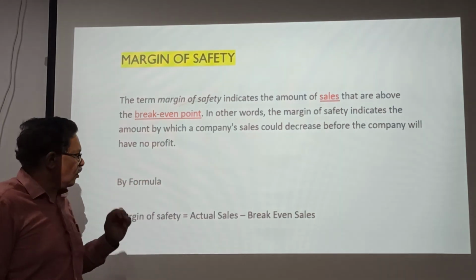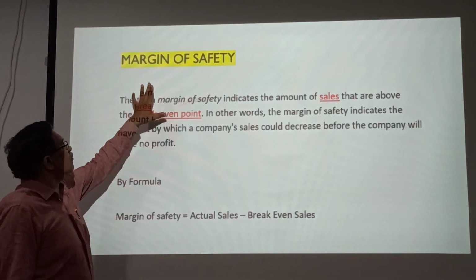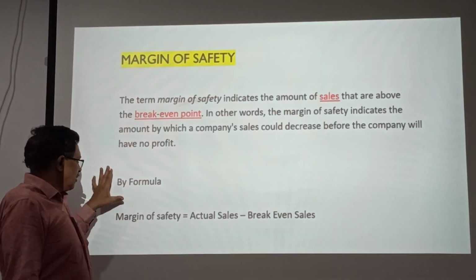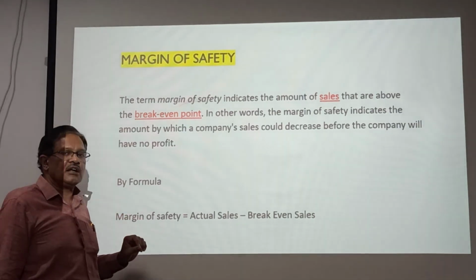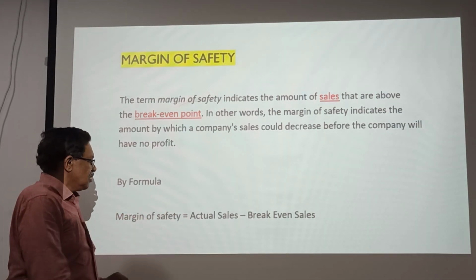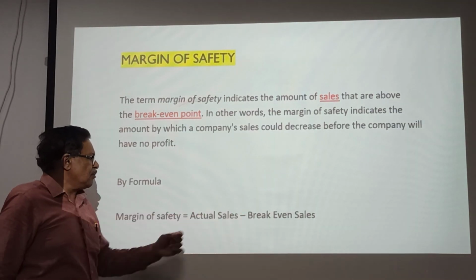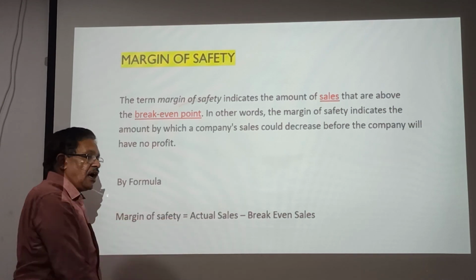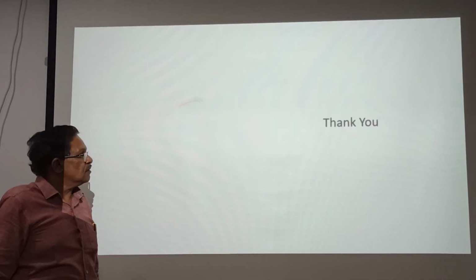That is the reason we are always interested in understanding this margin of safety. By formula, we can find the margin of safety by subtracting the break-even sales from the actual sales. Thank you.